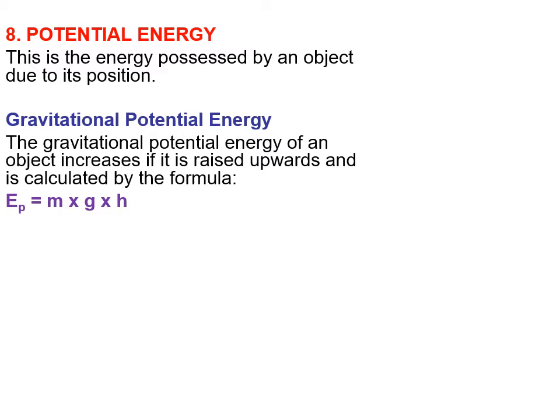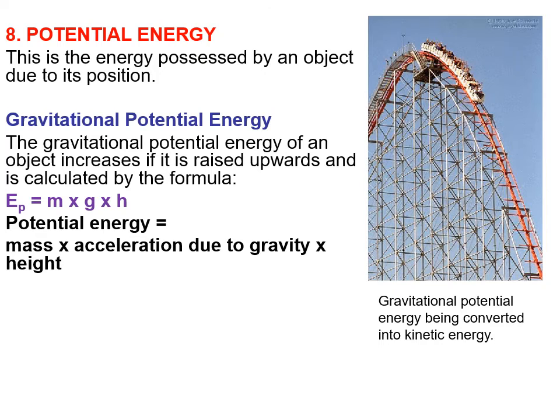And this is based on the formula, the EP, or potential energy, equals mgh, where it's basically the mass times the acceleration due to gravity, which is g, okay, so this is g here, times the height.